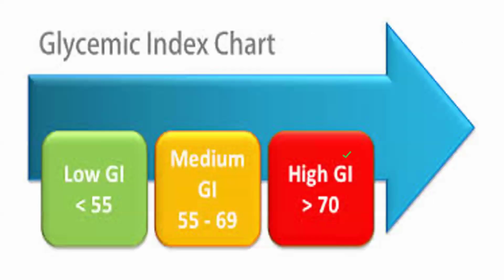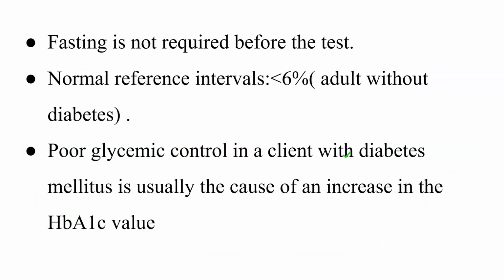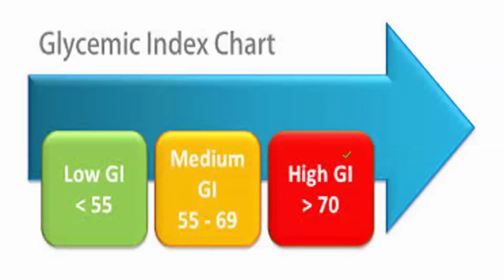This is what a glycemic index chart looks like. The first value we said was for clients without diabetes. For clients who have diabetes, anything less than 55 is considered low, which is still okay.